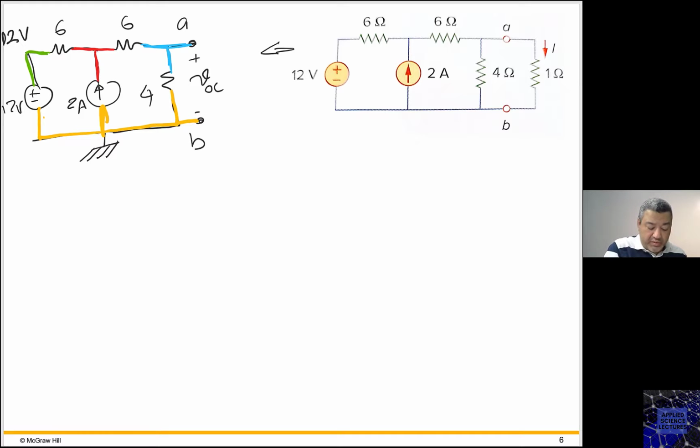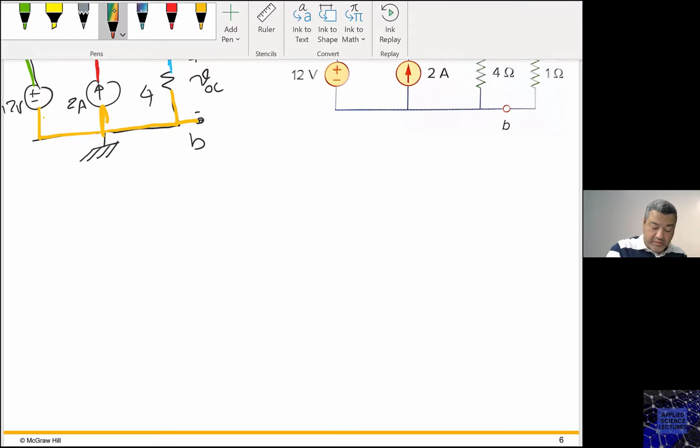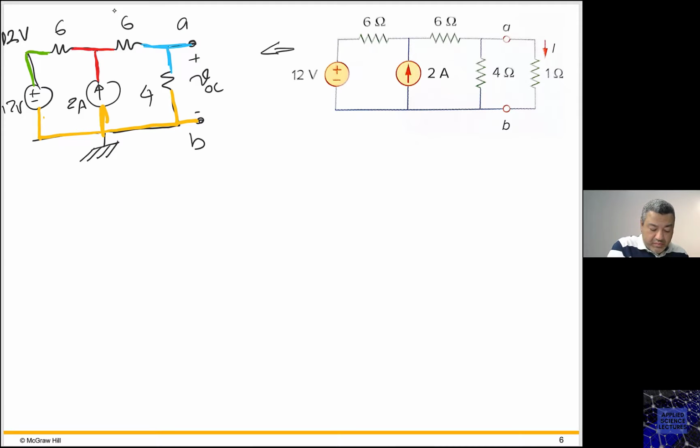It is this one. I'm calling it V1. And this one I am calling V2.